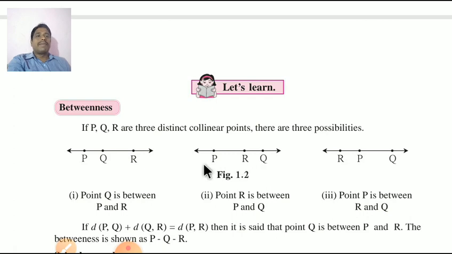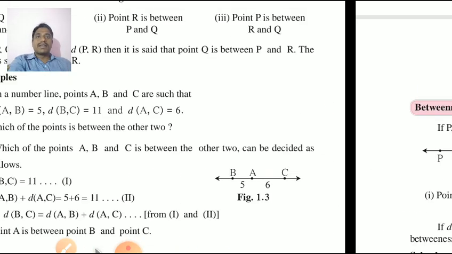That means P-R-Q. And third example, distance RP plus distance PQ is equal to distance RQ. That means R-P-Q. In this way we can solve the sum examples.